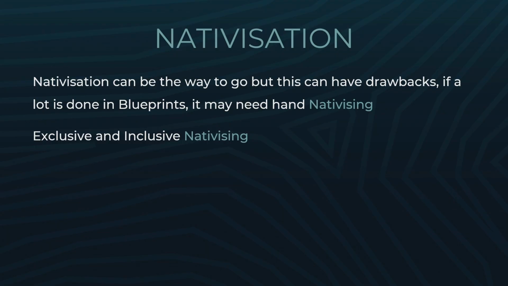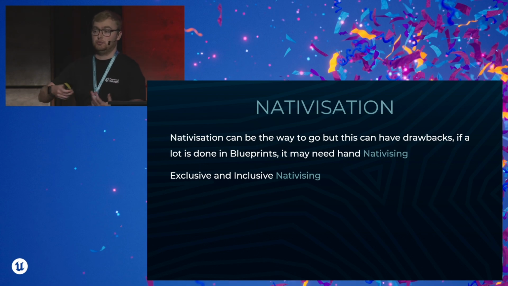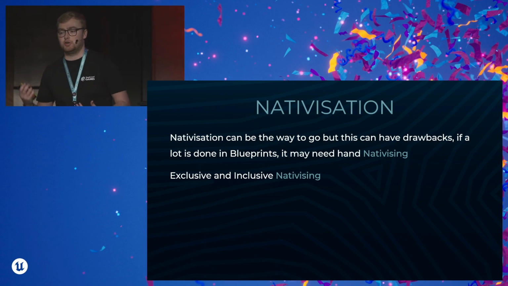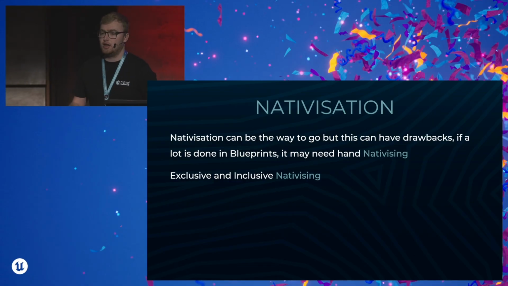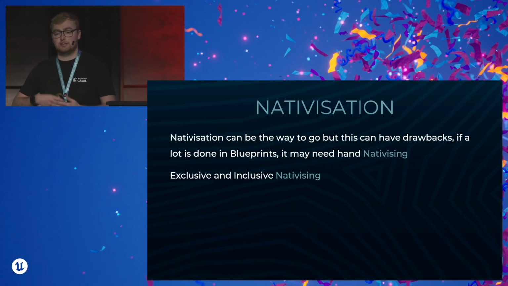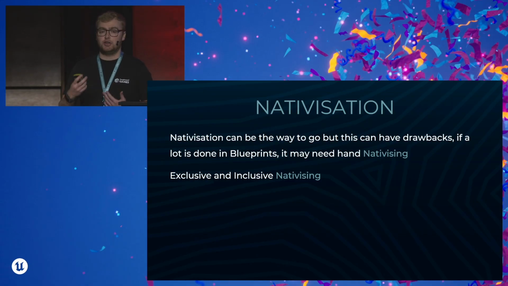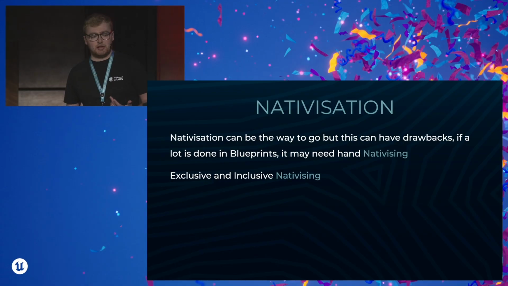Exclusive meant you specifically said which blueprints you wanted nativizing, whereas inclusive was the opposite. It nativized everything but what you specify. In Unreal 5, this has changed a little bit. They now have the blueprint header view. This instead just generates a single header for you. It generates all of your function signatures and your variables, and you have to implement the C++. This is still very manual.